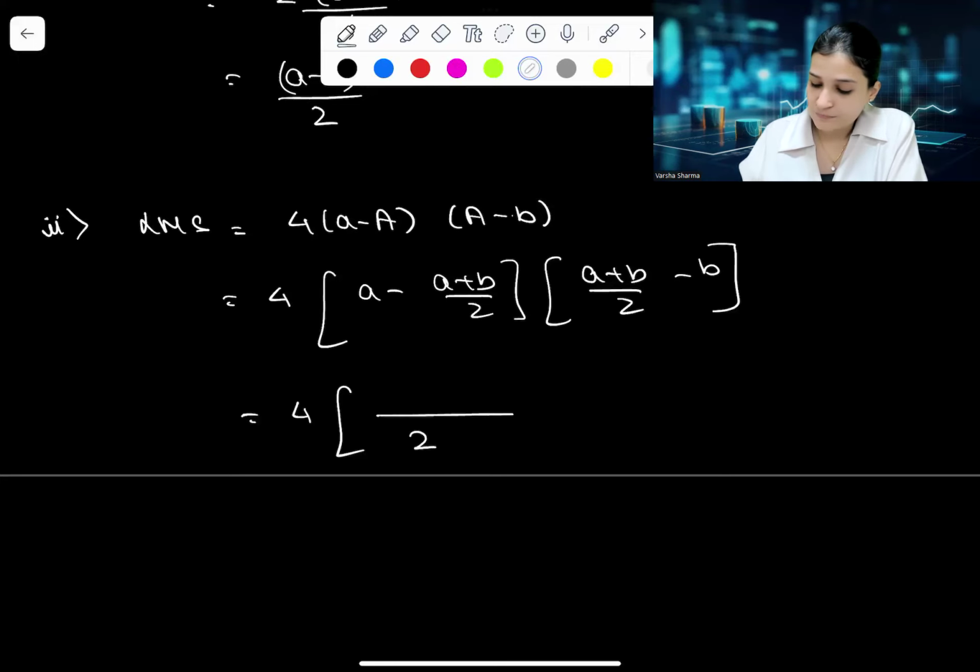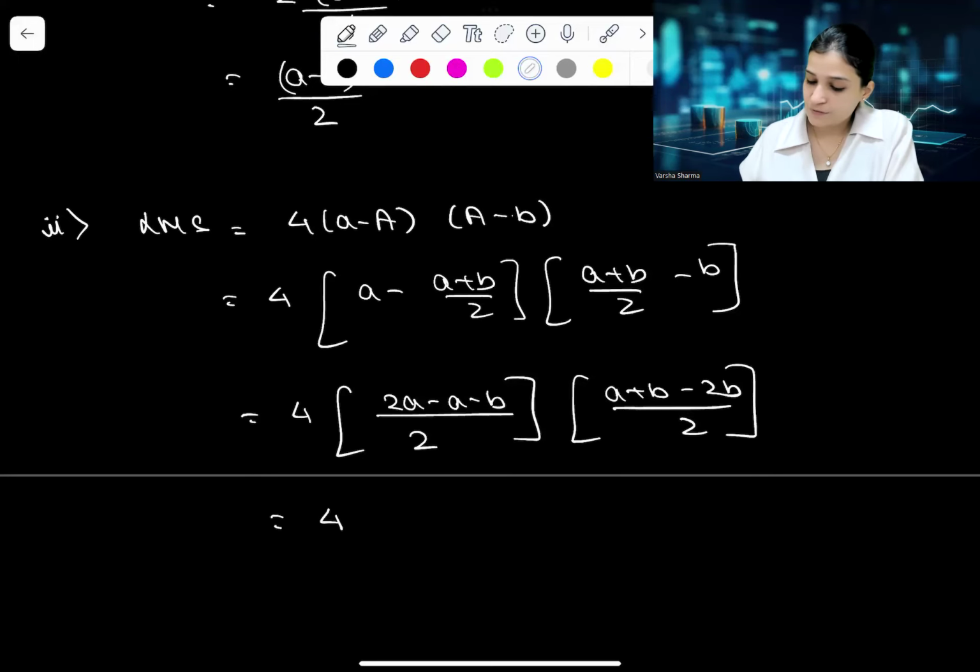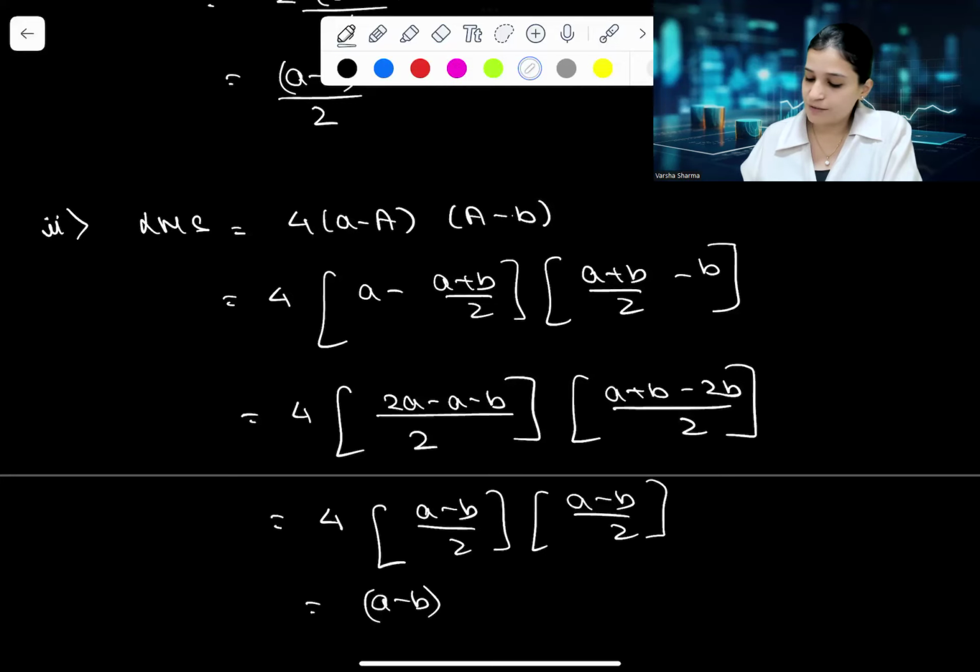LCM: 2a minus a minus b, and a plus b minus 2b. This is (a minus b) by 2, and again this is (a minus b) by 2. So (a minus b) whole square, which is our RHS. Any problem?